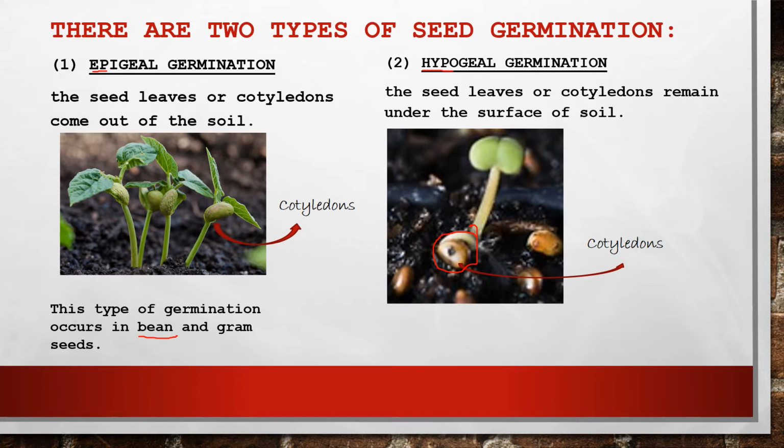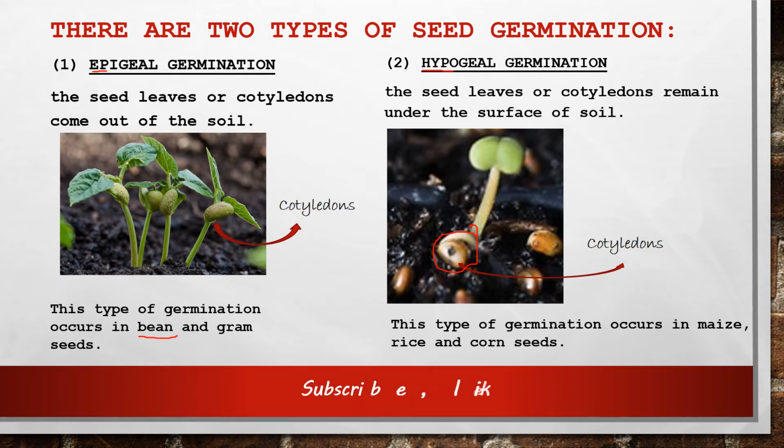What are examples of seeds that undergo hypogeal germination? The first one is maize. The second one is rice. The third one is corn seeds. They always undergo hypogeal germination. They never undergo epigeal germination.